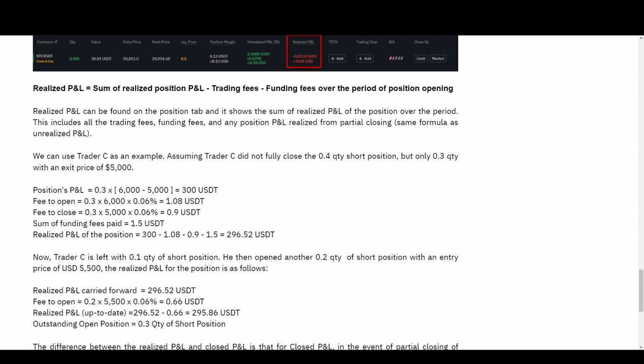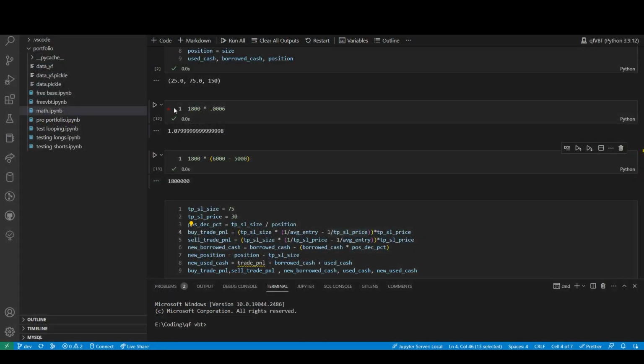So we'd have 18,000 times 6,000 minus 5,000. So if we did 1 divided by this, 1 divided by this, times 6,000.